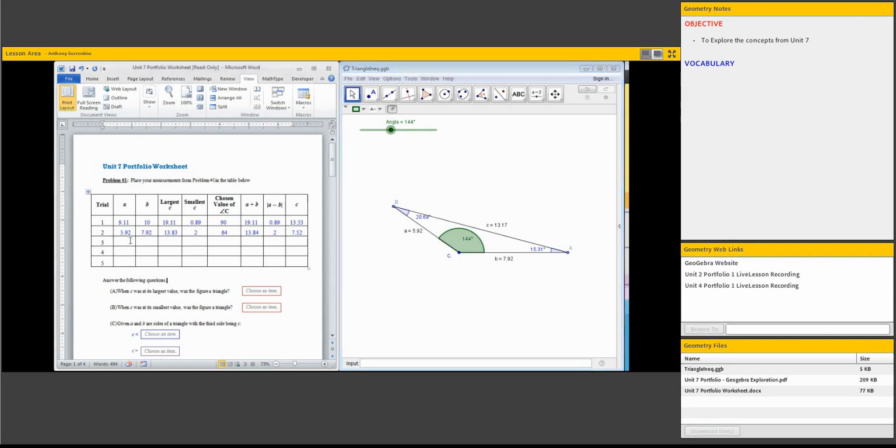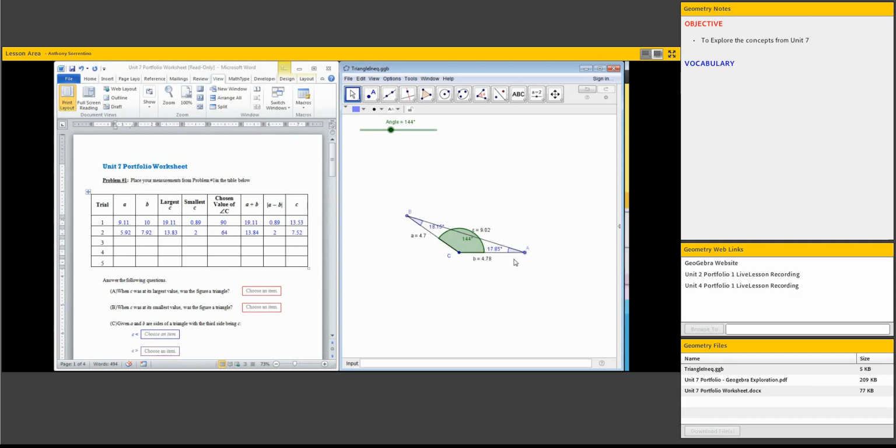So for number 3 here, I'm going to put my data in. Actually, no, I want to change sizes. I'm supposed to change sizes between each one, so we'll say A is 4.7 and B is 4.78.